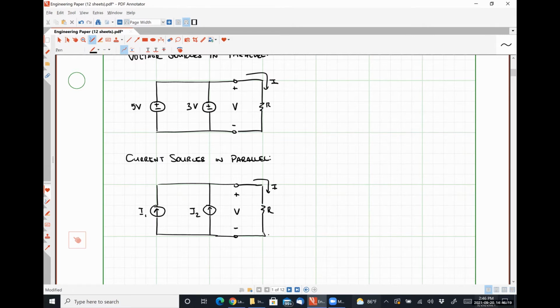So what should it be? I1 plus I2, right?